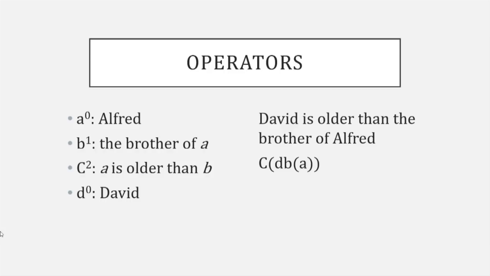So the brother of Alfred, whoever Alfred's brother is, gets plugged in. So B bracket A says the brother of Alfred. Whoever Alfred's brother is, the subject of that, gets plugged in there. So David is older than the brother of Alfred: we have D in relation to B A.